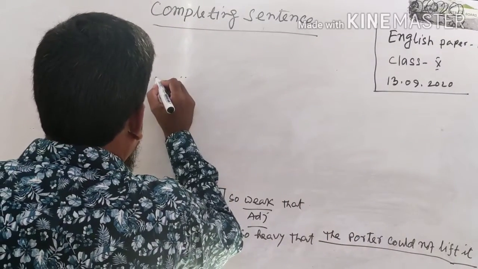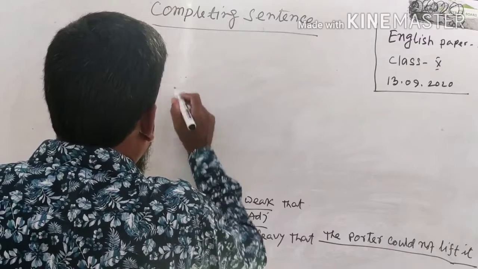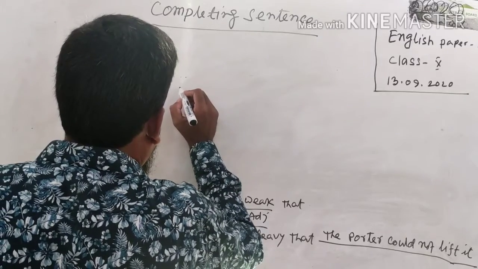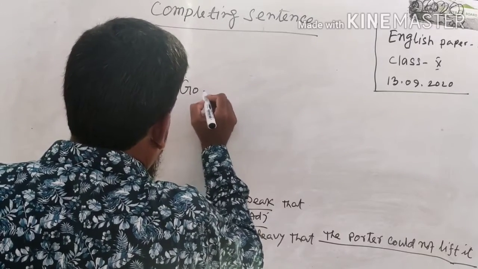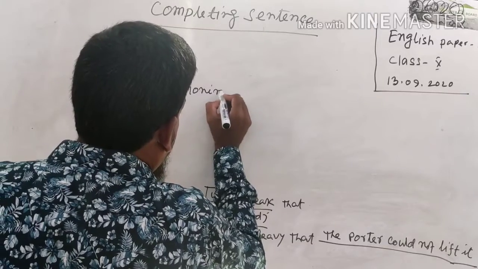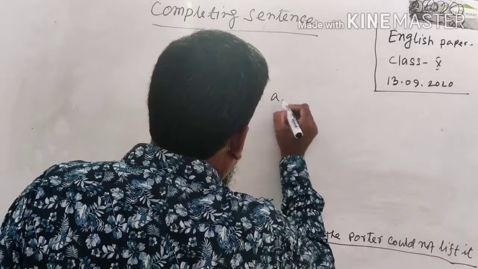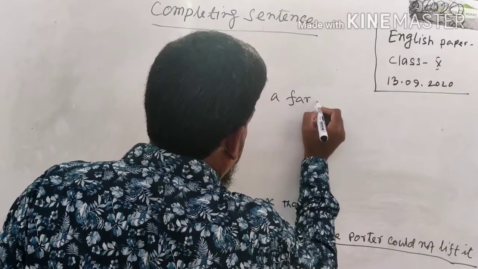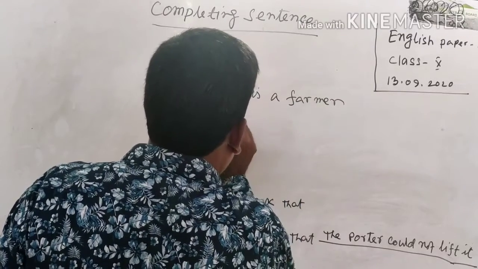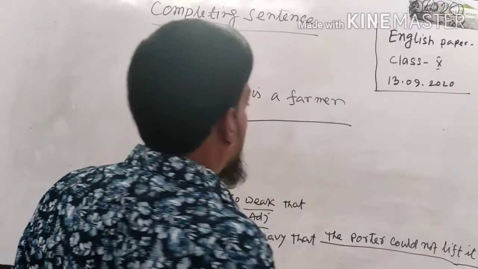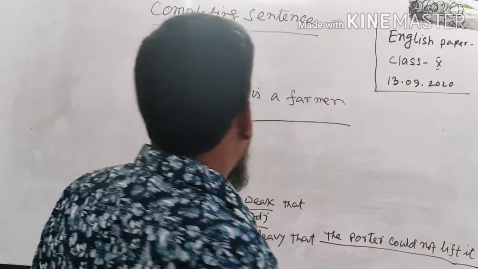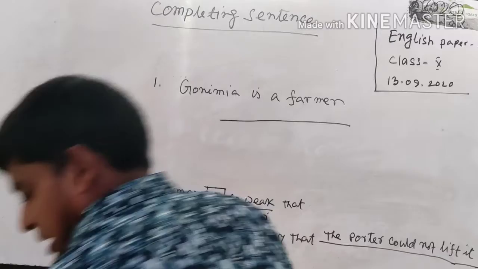Number one: Gonimia is a farmer, blank. Try to answer what will be in the blank.